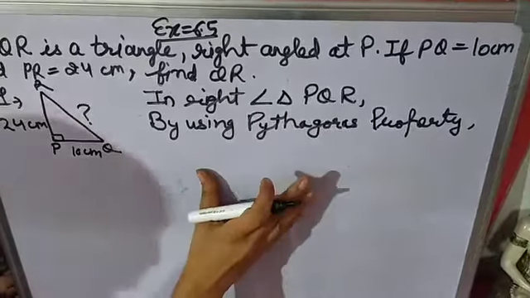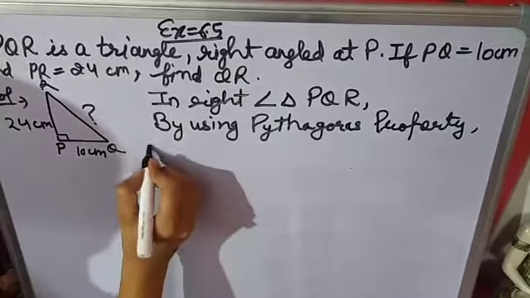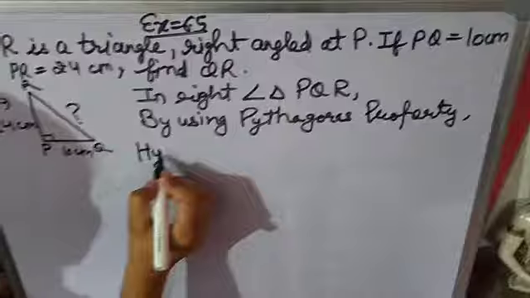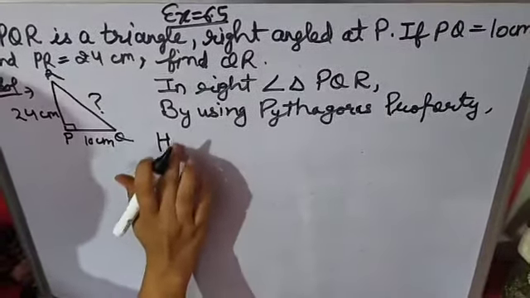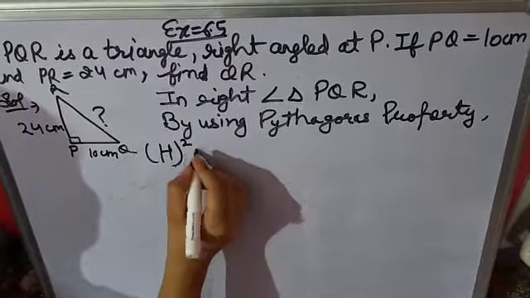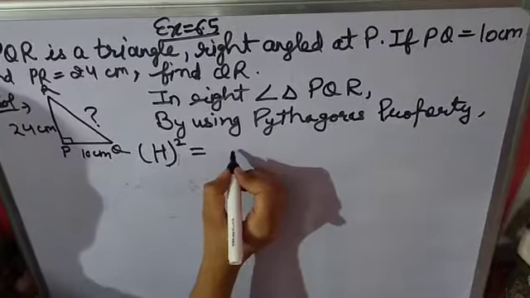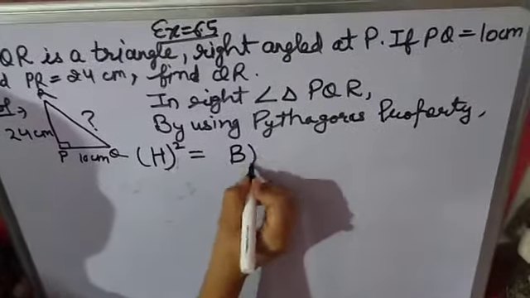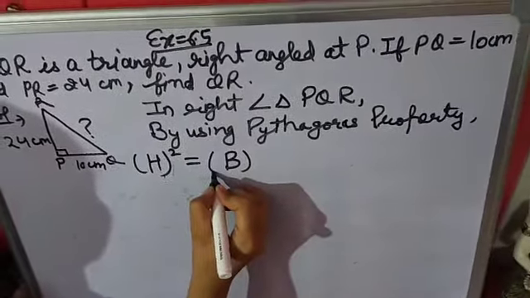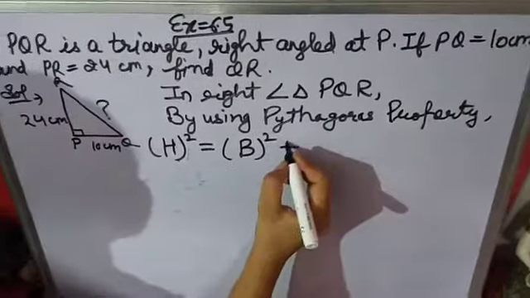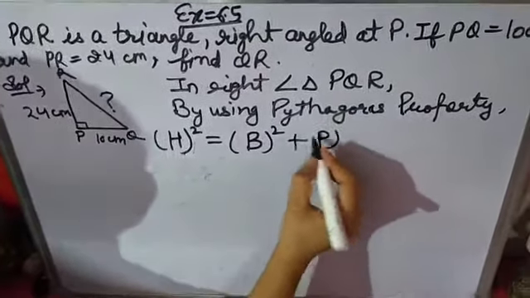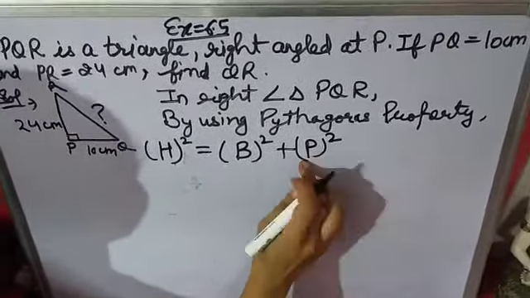According to this property, what is the property? That hypotenuse square is equal to base square plus perpendicular square.